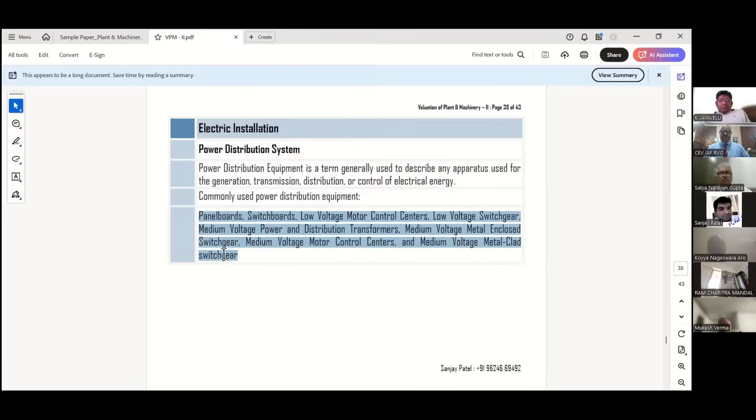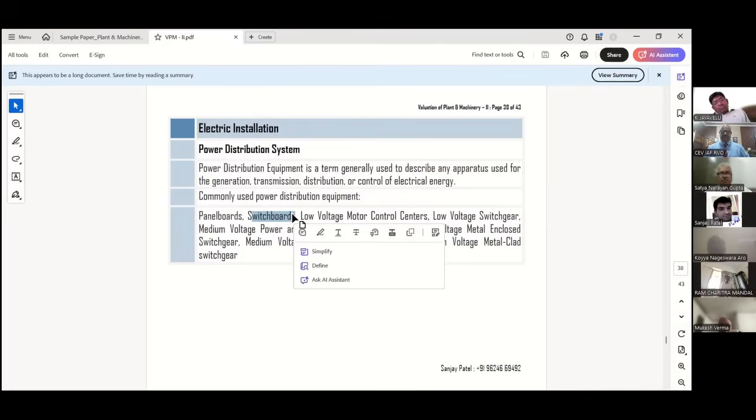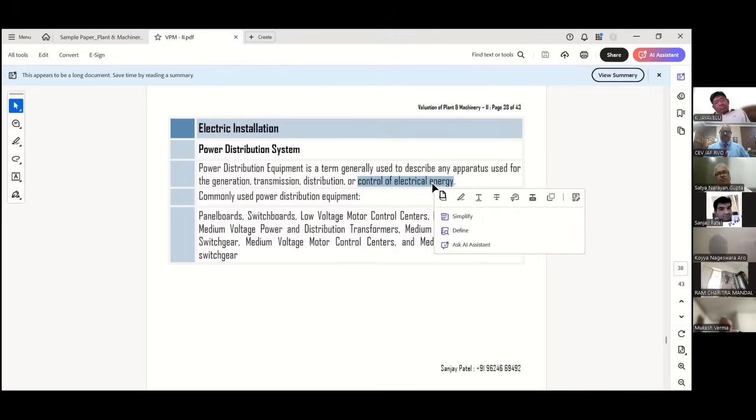So switchgears, panel board, and switchboard you will find in an industry which controls electrical energy, whatever electrical energy is received, to safely reach up to the machines.